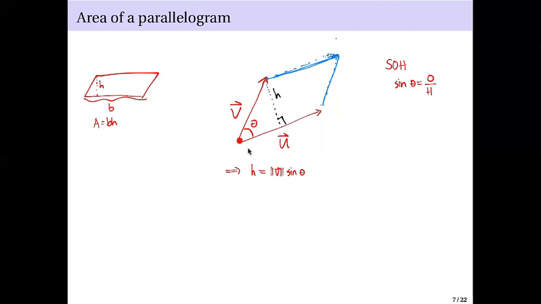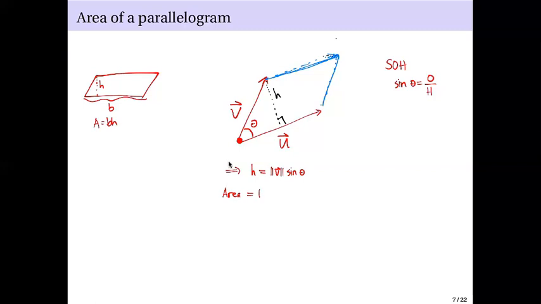So, the area of the parallelogram is equal to, according to this, base times height.